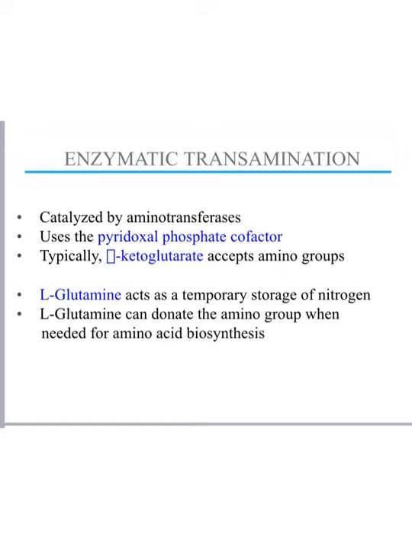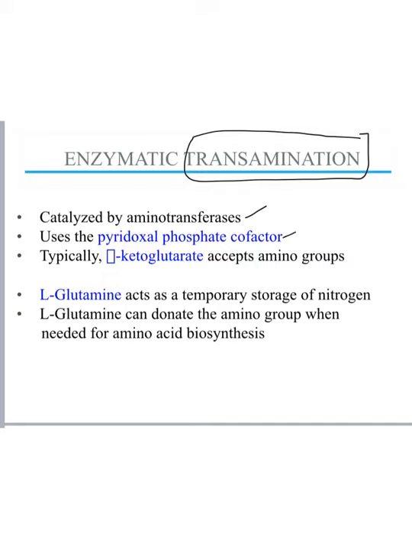Okay, so again, the first step in breaking down these amino acids, especially once they reach the liver, is to remove that amino group by aminases or aminotransferases. Here we are carrying out a transamination reaction, removing the amino group from the amino acids. It's catalyzed by aminotransferases.